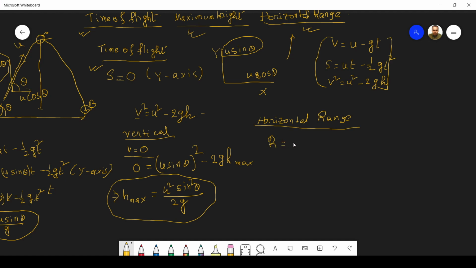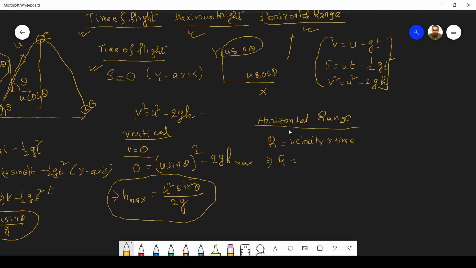So what is distance? The distance formula is distance equal to velocity multiplied by time, a very well known relation. So R equal to velocity. What velocity do we have to consider now?